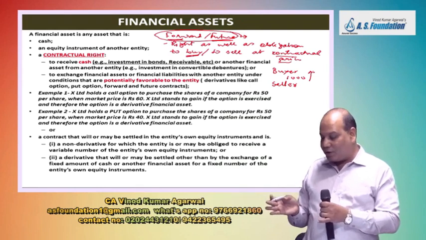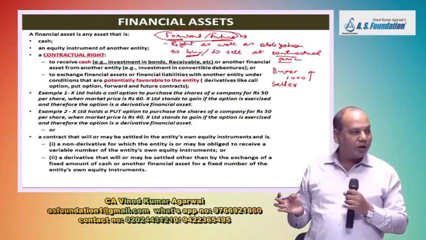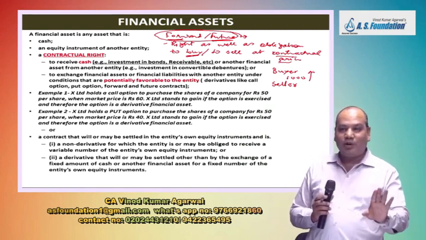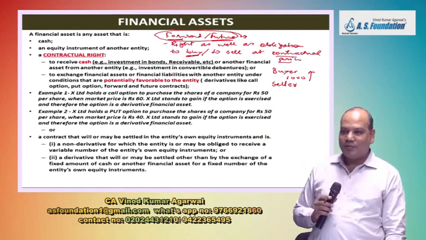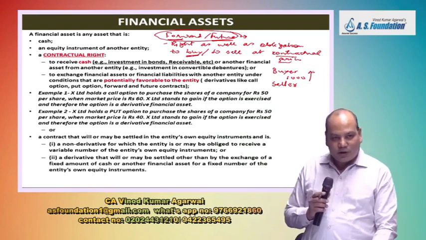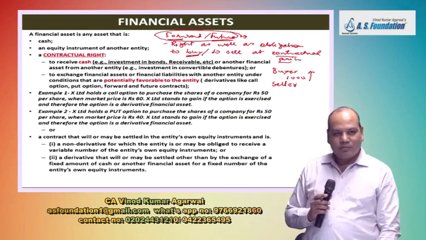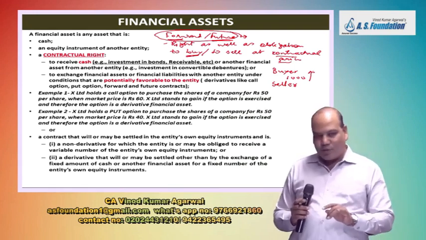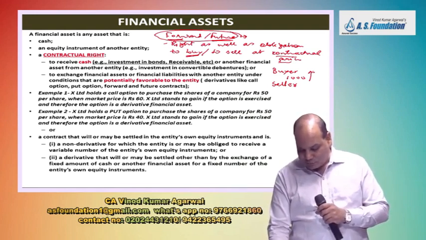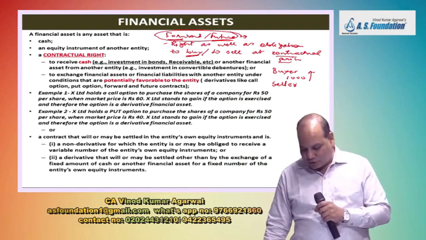So for the buyer, this forward or future contract will become a derivative financial asset. And for the seller, this will become a derivative financial liability. Is it right? Swap I am not discussing right now. Let us first deal with simple things because we have to continue for a long time.